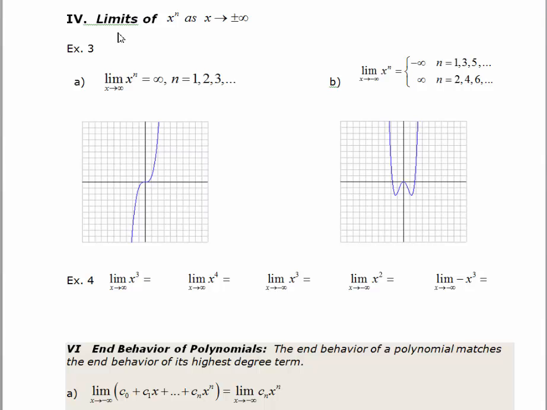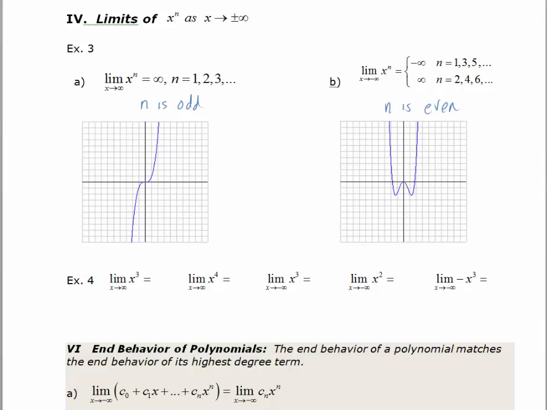Let's look at the limits of x to the n as x approaches positive or negative infinity. And let's first just look at two functions. This is an odd function, and this is an even function. In this case n is odd, and in this case n is even.